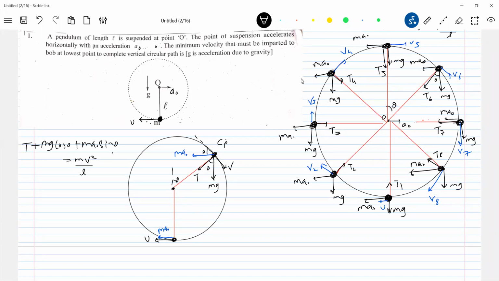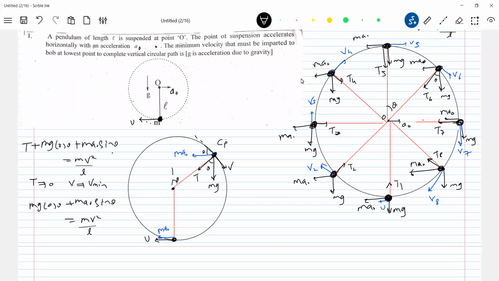So now here mg cos theta and ma naught sin theta, they are constant, no? So V will be minimum if T is minimum. What is the lowest value of T? You can propose T equal to 0. So when T tends to 0, V tends to V minimum. So this will be mg cos theta plus ma naught sin theta equal to mv square by L. So this is the one equation.